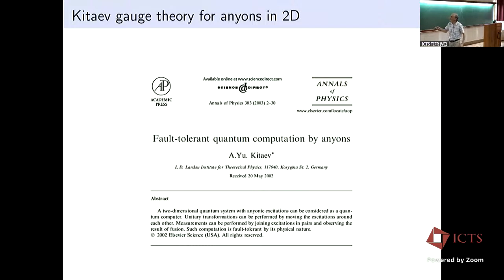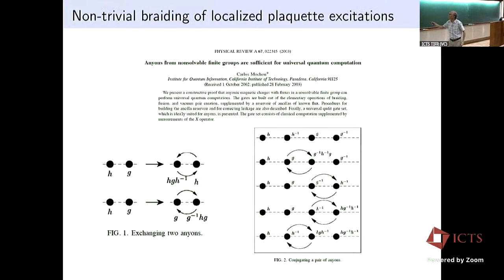And it was soon realized that going non-abelian has a considerable computational power. I was very impressed by these papers, which appeared more than 20 years ago. Well, I'll come to that, but in a lattice gauge theory, you have two types of excitations: flux-like excitations inside plaquettes and charge-like excitations on vertices.